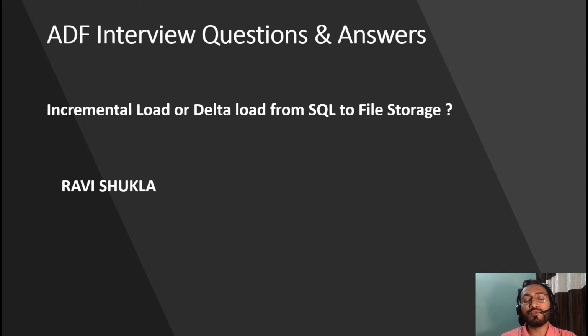Now assume that you load the full file on 31st December. On 1st January, once you load it, you ignore the previous date files. And you have to consider one watermark table, which is a static table. You keep on the watermark table the latest date that you picked and stored from the table.